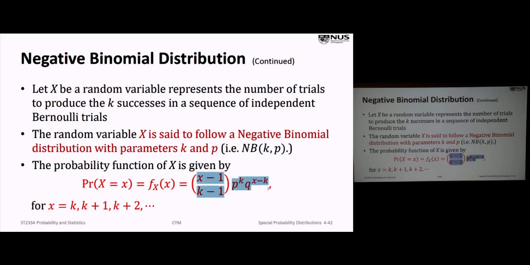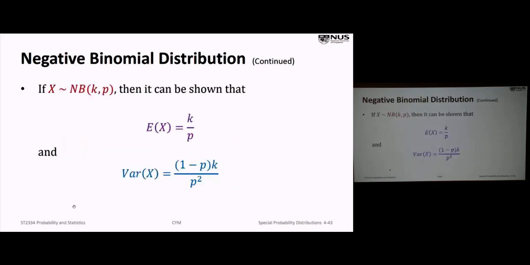This is exactly what we've just said. Q is equal to 1 minus p, and it's the same formula I just gave you, except he uses k and I used r, and it doesn't matter which you use. Remember that the support starts at the number of successes or more for the random variable. So that's a negative binomial distribution, and it can be shown, and again, it's quite difficult to do that from the definition.